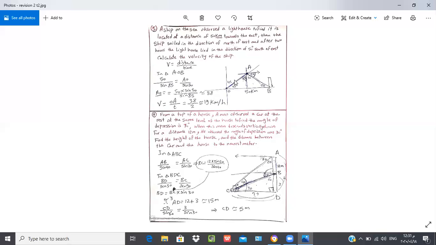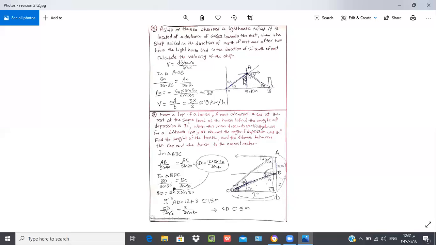Where did we get the 85 from? This part is 45. If you make a perpendicular here, it will be 45 too, and this one is 90. All of this angle will be 90. This part is 50, so this part is 40.